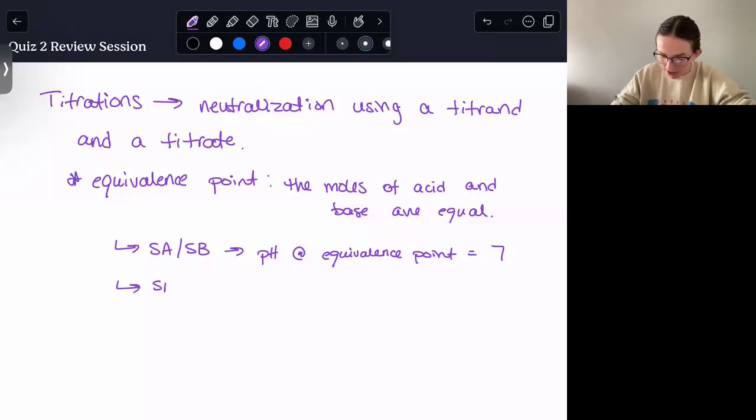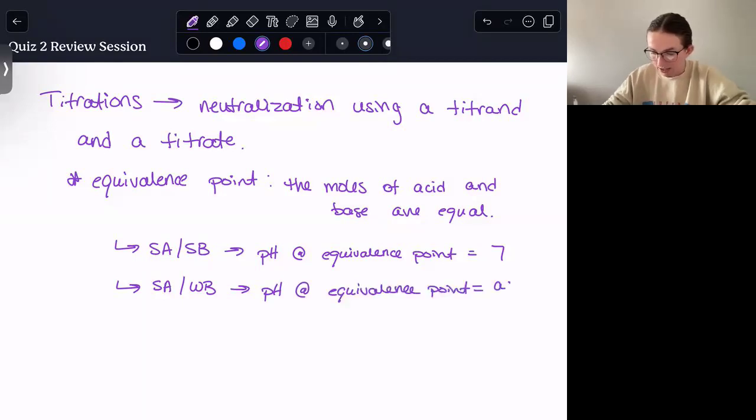If you have a strong acid and weak base, your pH at equivalence point is going to be acidic, which means anywhere from 0 to 7, probably in that 4 to 5, maybe 6 range.